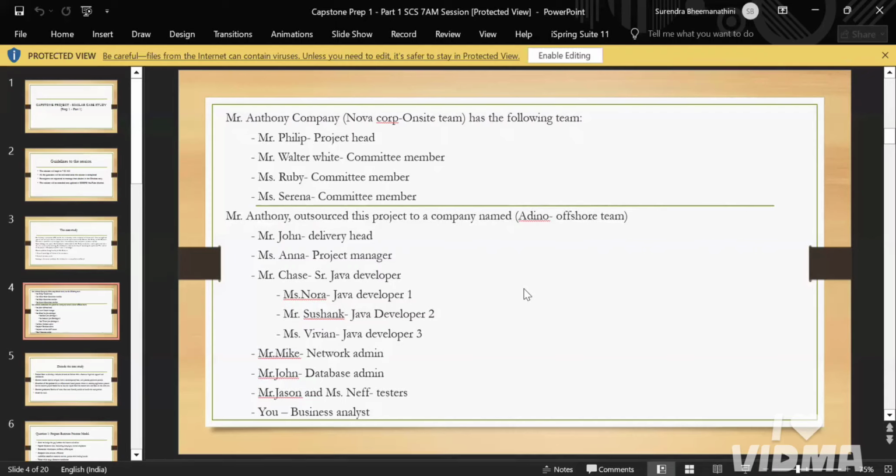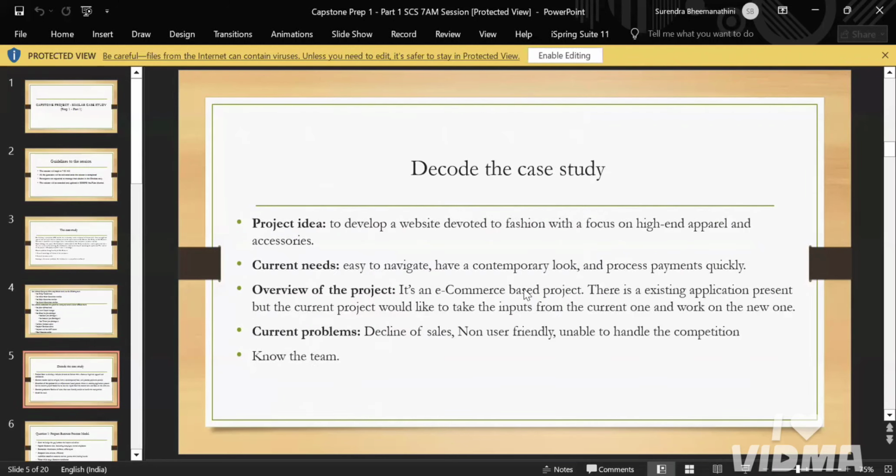This is the case study you need to understand in this project, prep one part one. We will give one case study similar to this. You need to read the case study given in the question paper, and first of all decode the case study.